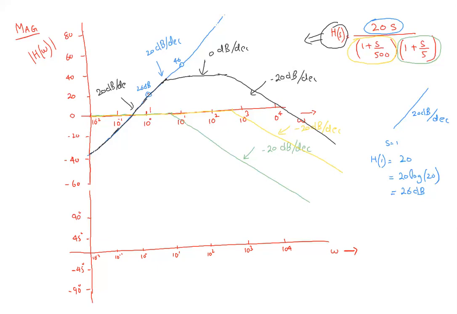I will have this value till some number. What is that number? It will have 90 degrees till omega p1 by 10. What is omega p1? It's 5. So 5 by 10, meaning till 0.5, I will have a plain 90 degrees. Where will 0.5 be? This is 1, this is 0.1, so it will be somewhere like this. It's a log scale, so somewhere till here. So till here I will have a plain line at 90 degrees.